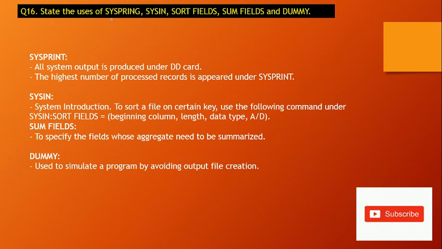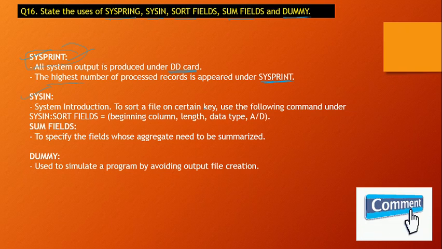State the use of SYSPRINT, SYSIN, SORT FIELDS, SUM FIELDS, and DUMMY. SYSPRINT is where all system output is produced under the DD card, and the highest number of processed records appears under the SYSPRINT. Like if you have one SYSIN DD card, all the execution detail will come into the SYSPRINT of the JCL. SYSIN is the system input.